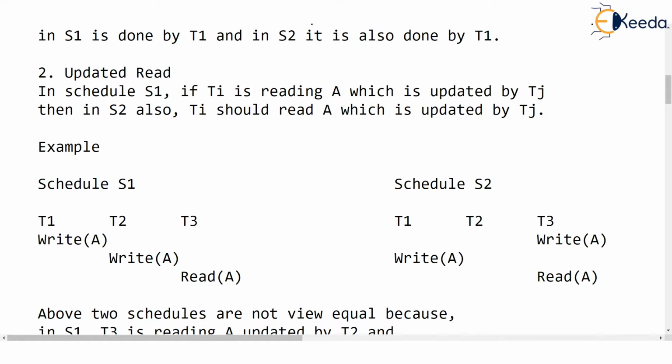Now the second condition is updated read. The simple condition is this: observe these two schedules again, S1 and S2, which comprise three transactions, T1, T2, T3.